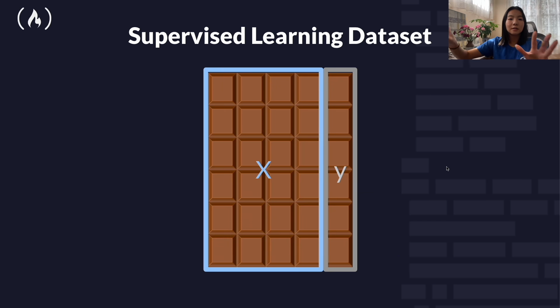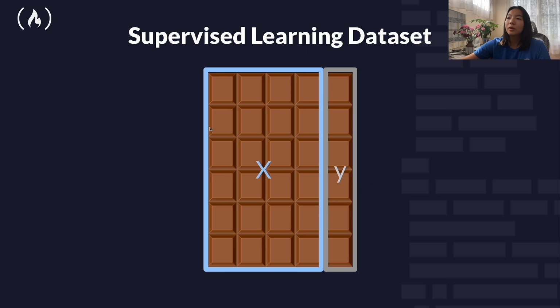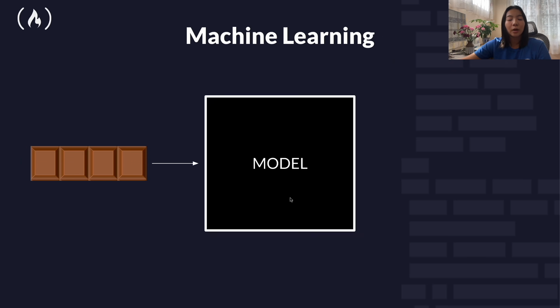So I've condensed this to a chocolate bar to talk about some of the other concepts in machine learning. Over here we have our X, our features matrix, and over here is our label Y. Each row of this will be fed into our model, and our model will make some sort of prediction.